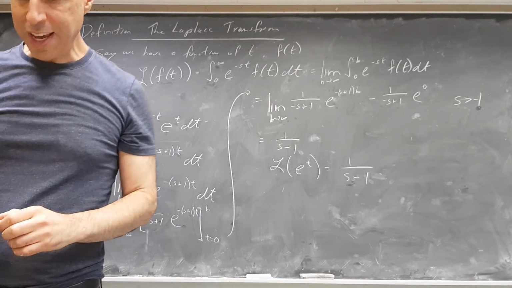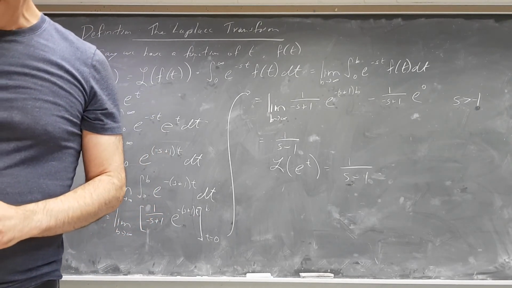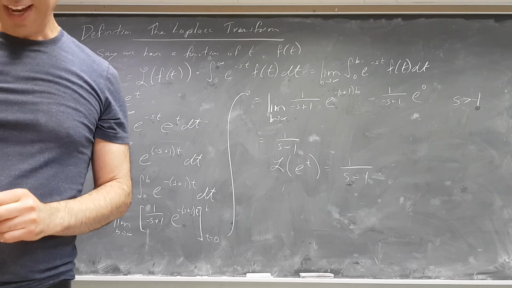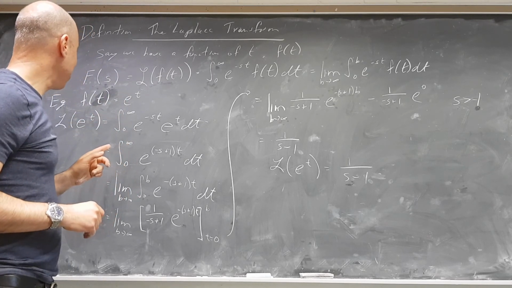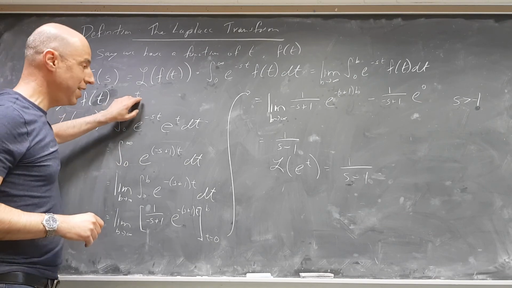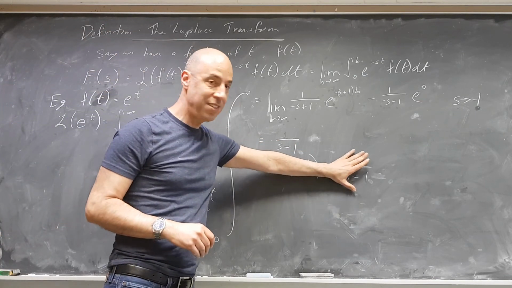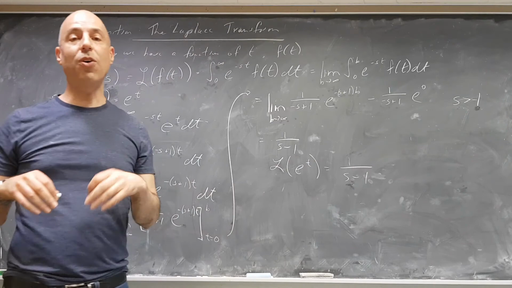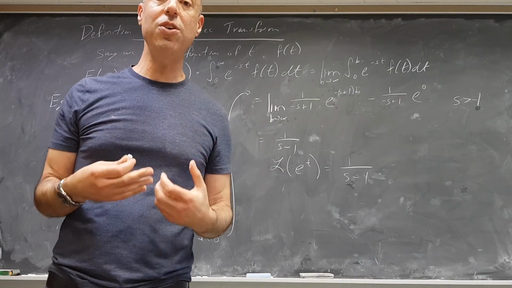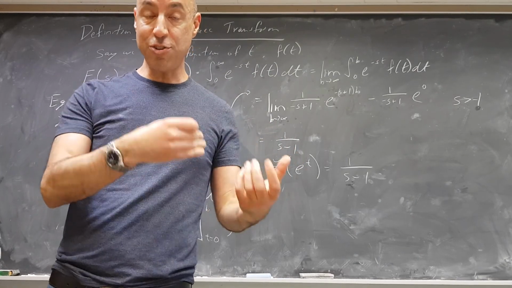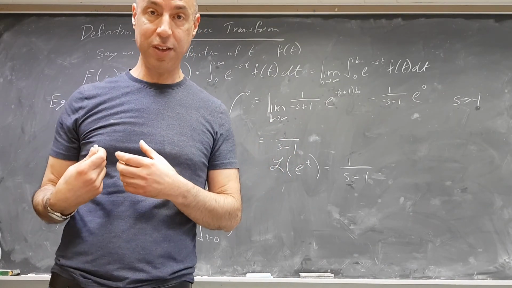Now, I want you to take a look at page 317 in your textbook and look at line 2, and you will see the Laplace transform for e to the alpha t. And you will see it's consistent with what we have right here. So if you're worried about having to do a lot of these integrals, don't. Mostly what we're going to do is use a table of Laplace transforms to go back and forth.